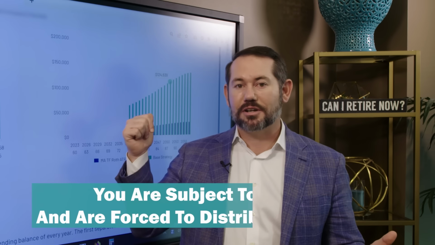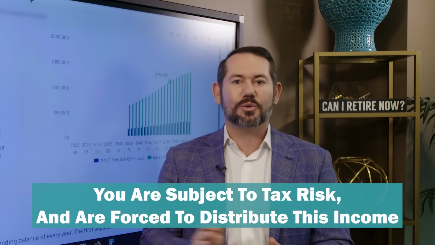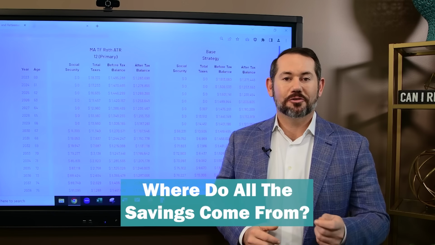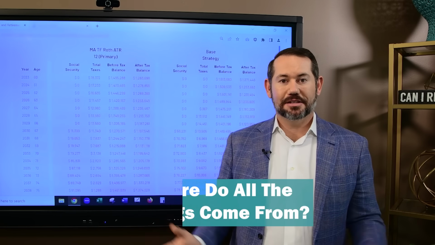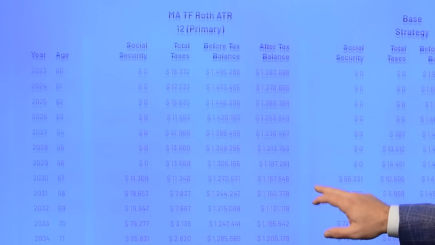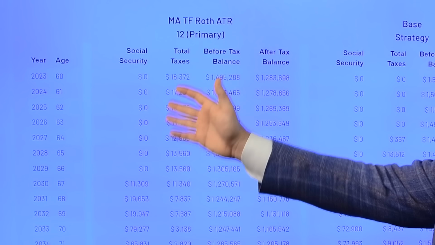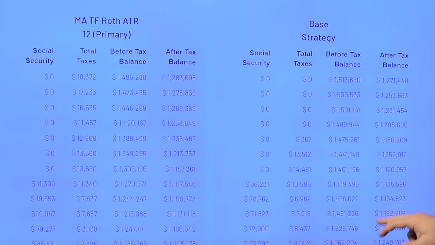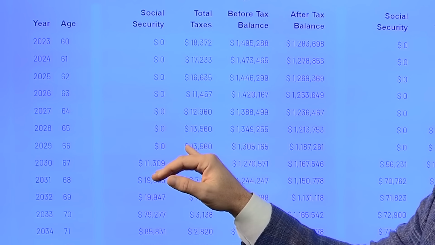Doesn't mean you have to do this, but it is mathematically the most optimal given the circumstances. Compared to the base, we just have both spouses turning Social Security on here at 67. So we see if we go out to 75, Social Security is $78,000 versus $91,000. So more money from Social Security.